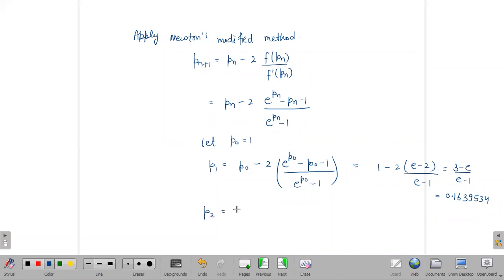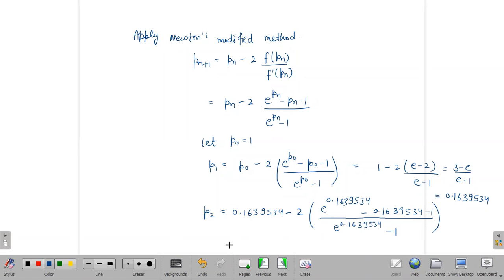So P2, when you write it, is 0.1639534 minus twice of (e raised to power 0.1639534 minus 1) divided by e raised to power 0.1639534.